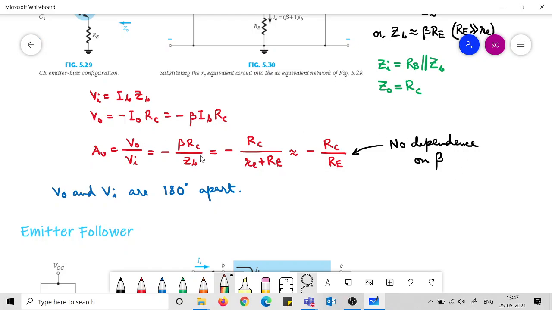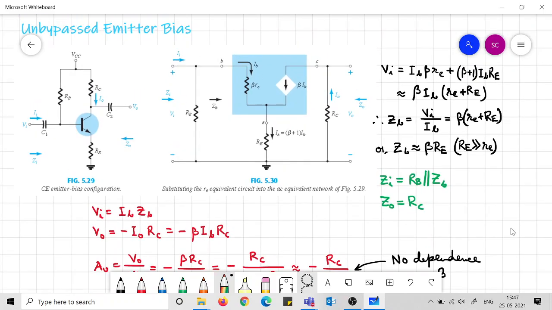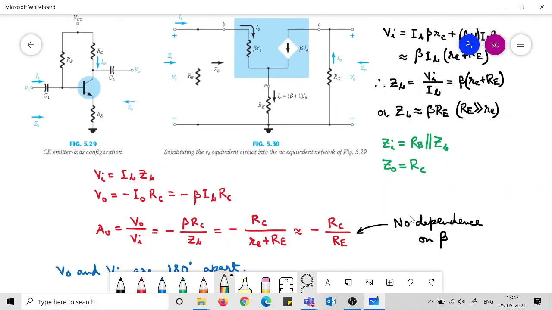So if I ask you whether in this configuration, unbypassed emitter bias, the gain is dependent on beta or not, you should write it is not dependent on beta, although we know that actually in reality there is a small re, but this can be neglected.